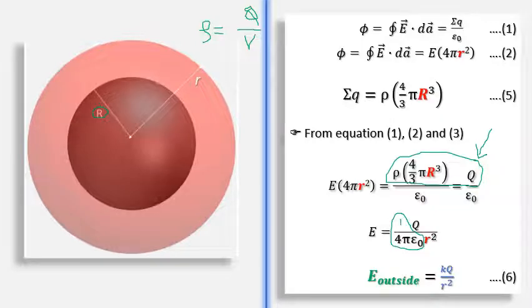So once again, the way a shell behaves like a point charge for any point outside the shell, a sphere with volume charge distribution also behaves like a point charge when you are talking about the electric field at some point outside. So that is the similarity between the two. And equation 6 is the formula we are looking for. It is the formula of the electric field at some point outside the spherical volume charge distribution.